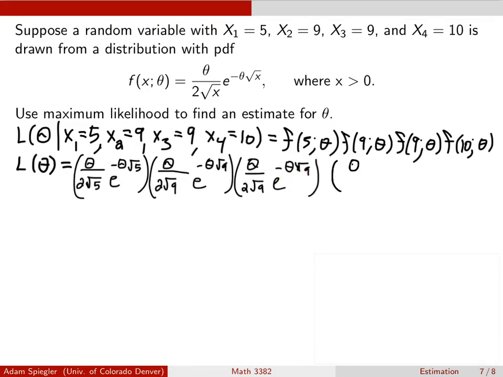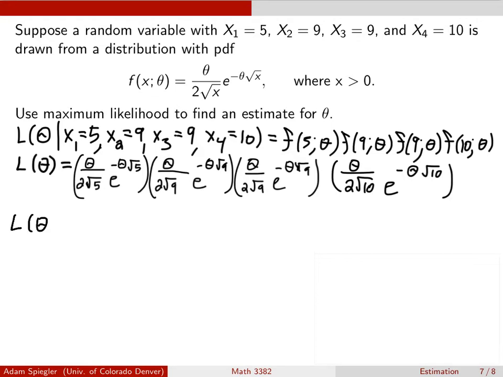And then for our last observation, which was 10, we would get theta over 2 times the square root of 10 times e to the minus theta times the square root of 10. So that's the first step, finding the likelihood function.